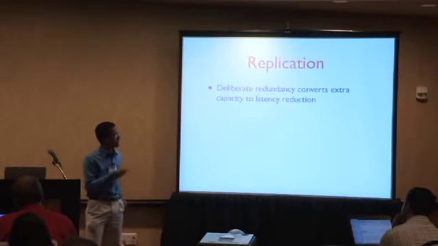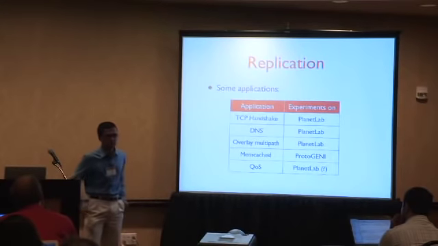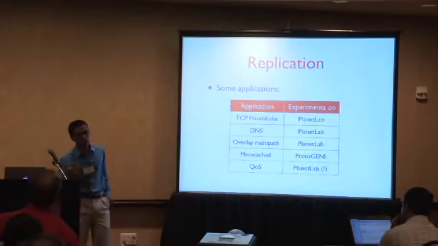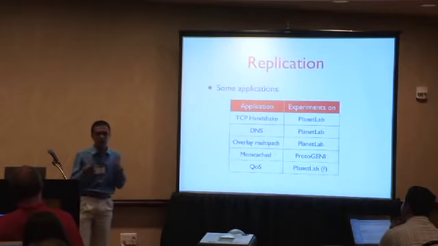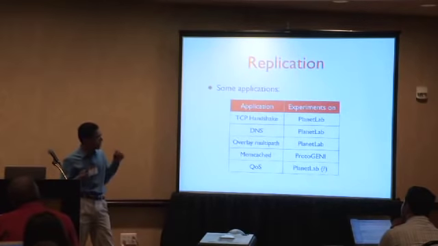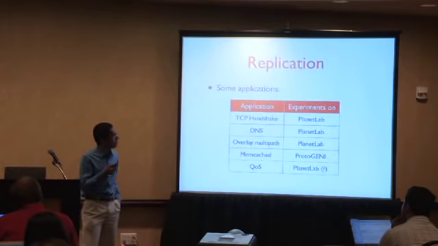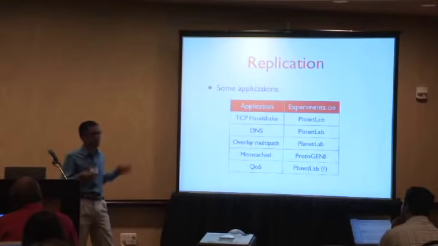And this idea is applicable in several scenarios. These are just a few examples. For each application, we were able to identify GENI resources that we could conduct experiments on to evaluate the performance of this technique. And in each case, we were able to obtain results quantifying what the performance improvement was. So this essentially is a success story.